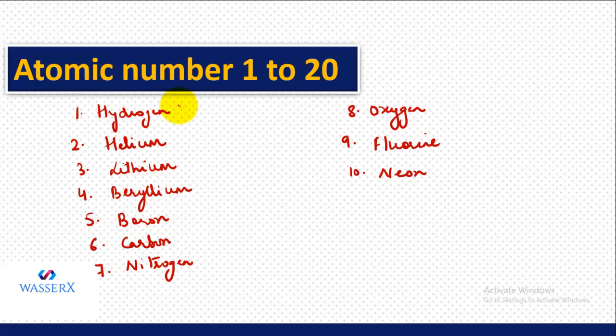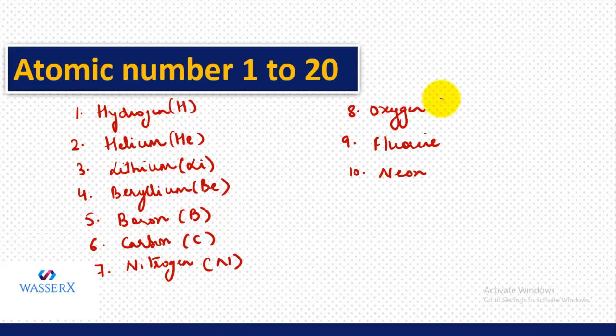And we also know their symbols. Hydrogen symbol is H, helium is He, lithium is Li, beryllium is Be, boron is B, carbon is C, nitrogen is N, oxygen is O, fluorine is F and neon is Ne. And these are their atomic numbers, right?